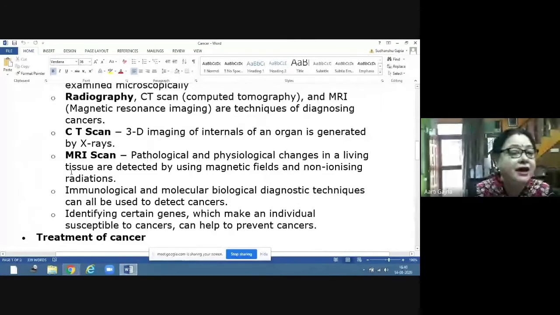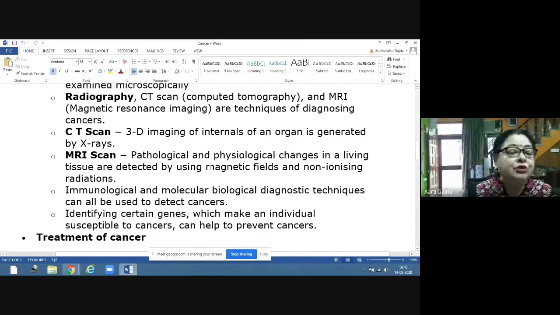Then MRI scans detect the pathological and physiological changes in living tissue. These are detected by using a magnetic field around the patient and non-ionizing radiations.